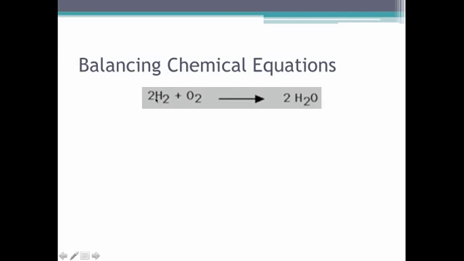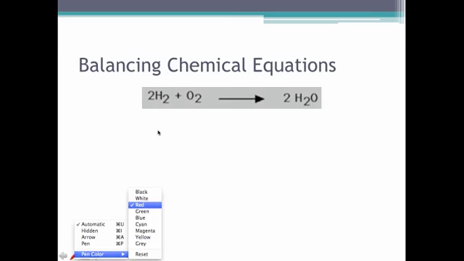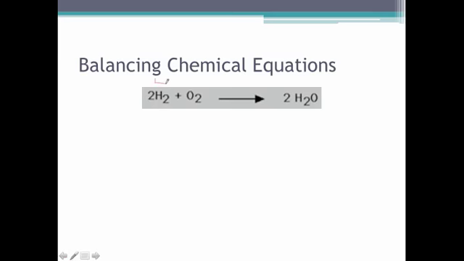How does that work? Well, we've got 2 molecules of hydrogen, H2, so in total we've got 4 atoms of hydrogen here. We've got 1 molecule of O2, in other words 2 atoms of oxygen here.